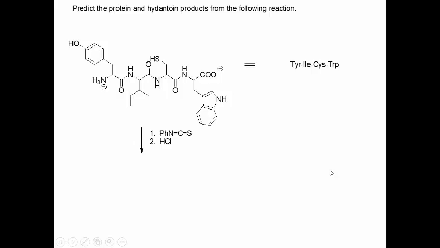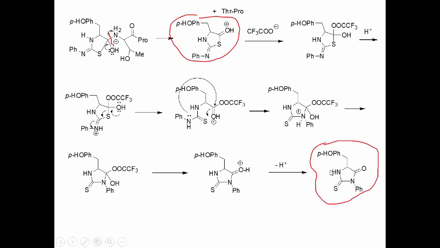Okay, so Edman degradation is really great for looking at the N-terminal amino acid, but there are many more techniques that you would really need to employ to actually sequence a protein. And that is a discussion better left for a course in biochemistry.